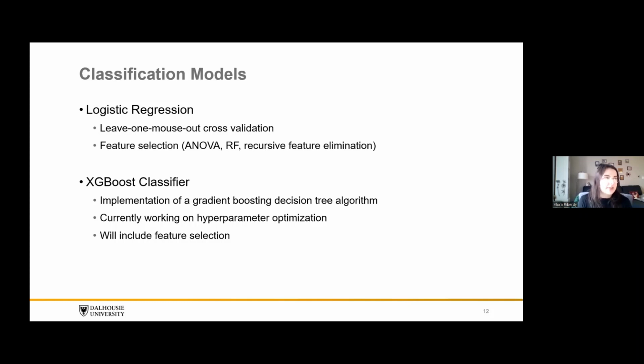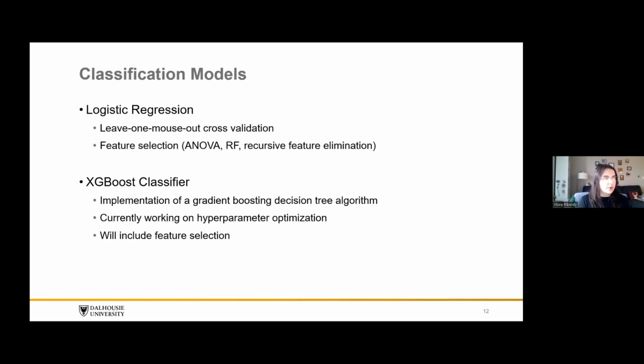Some of the classification models that I'm looking at: first was a logistic regression with a leave one mouse out cross-validation, and then different feature selection techniques for that, comparing between the different scan types and between the ROI types. With this, we didn't get very good accuracy or area under the ROC curve.